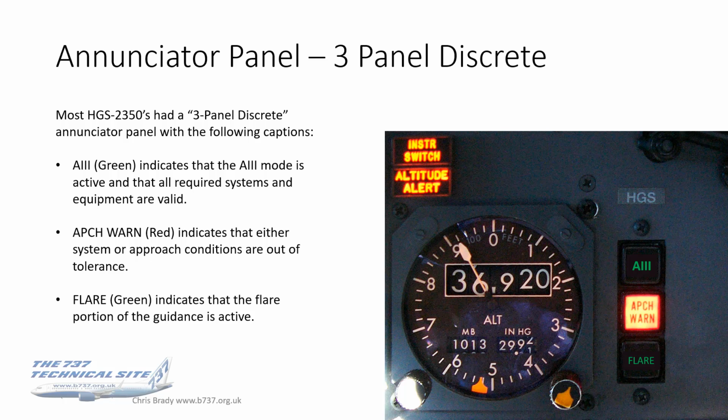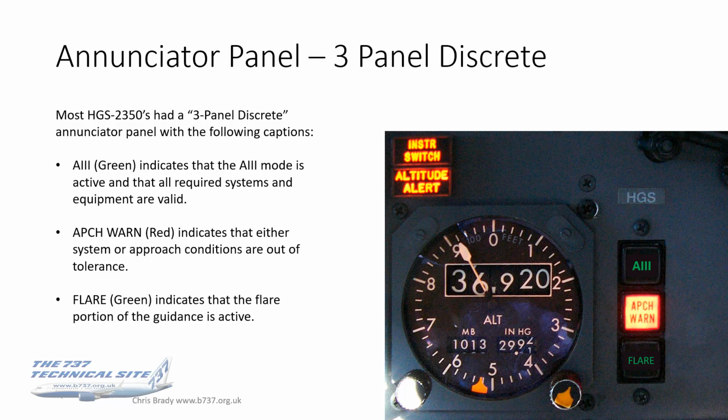So that's what it looks like in large. You've basically got 3 different captions on there. You've got A3 in green, which just tells you that the A3 mode's active and that all the required systems and equipment are valid. Approach warn in red. The colour hasn't shown very well on here. It indicates that either the system or approach conditions are out of tolerance.